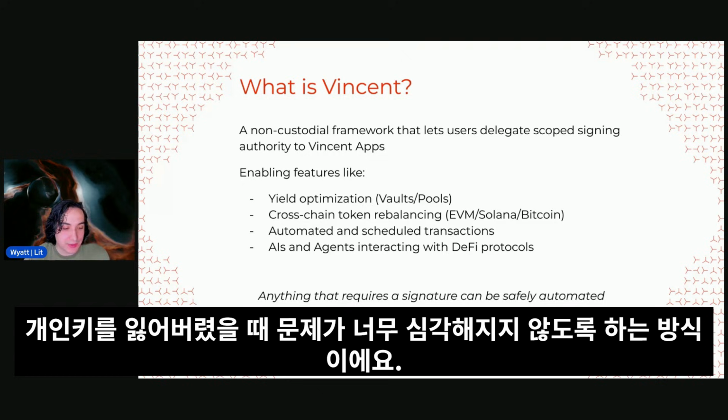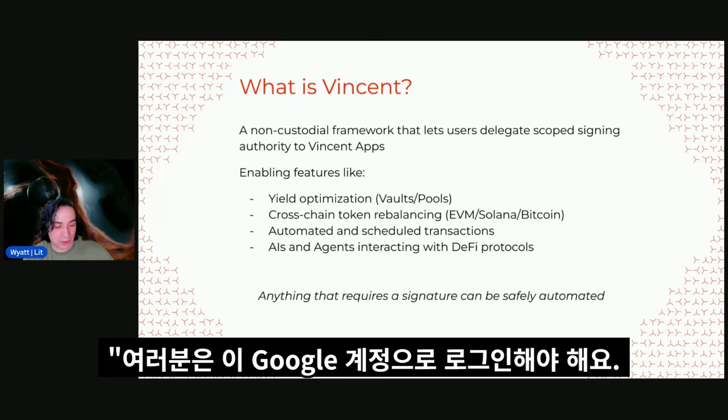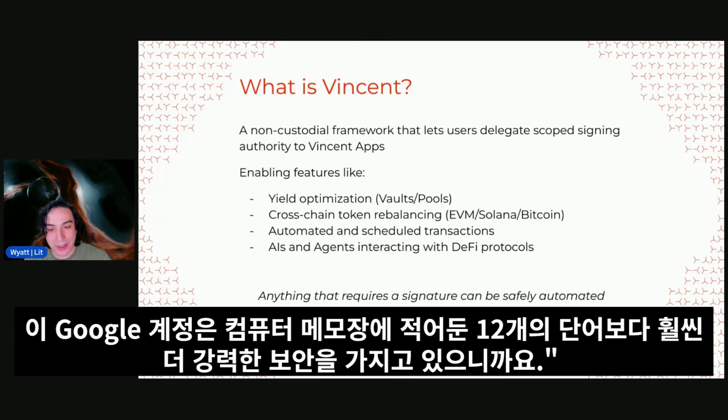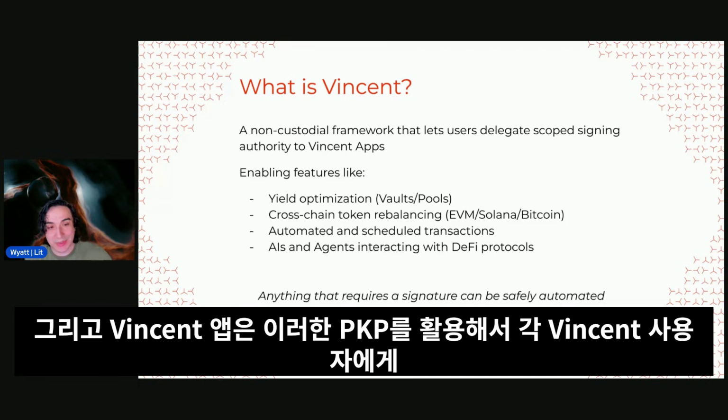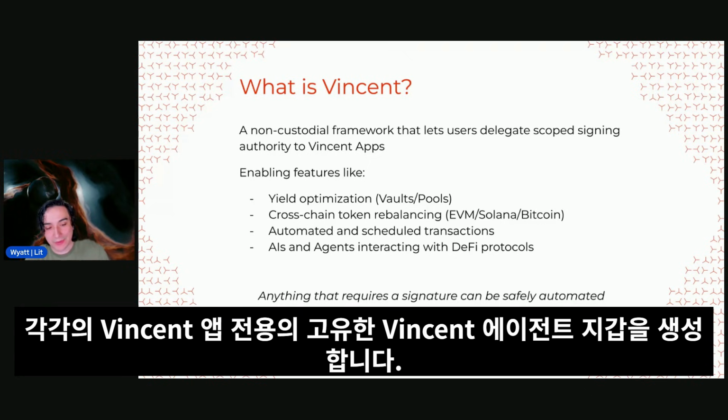This loosens that, to not make it so drastic if you lose your private key, to basically say you need to be signed in with this Google account, which has a little bit more robust security than just having 12 words written down in the notes on your computer, for example. And so Vincent apps leverage these PKPs to generate individual wallets per Vincent app for their Vincent users.